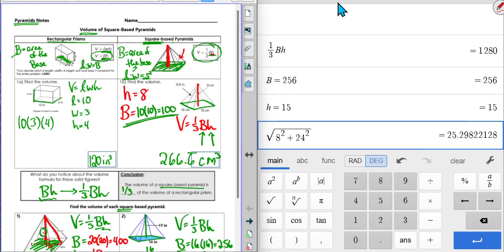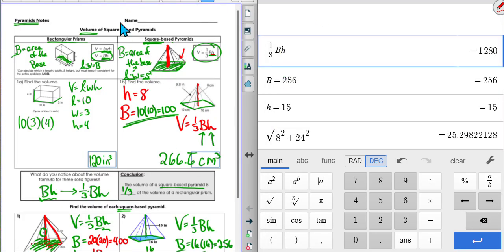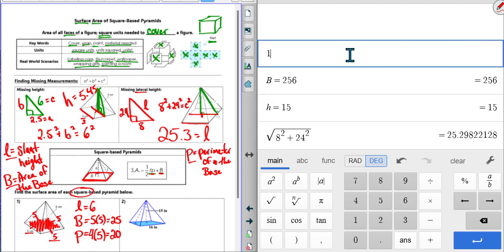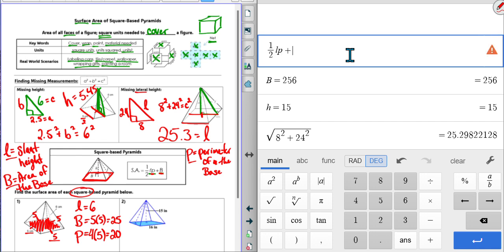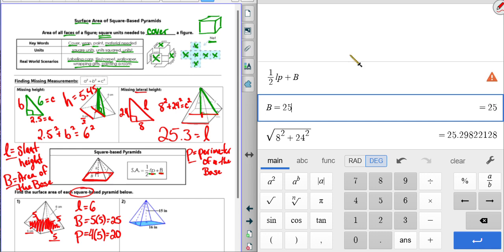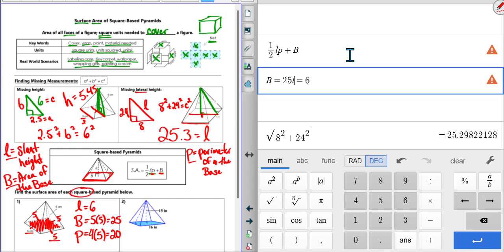I'm going to use Desmos for this part too. I'm going to change my equation to the surface area equation. 1/2 LP plus B. My B on this one is 25. My L is 6.